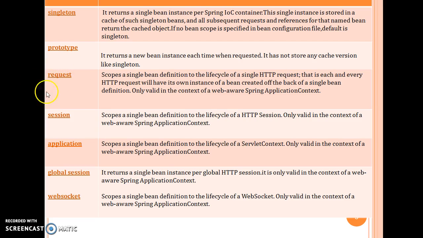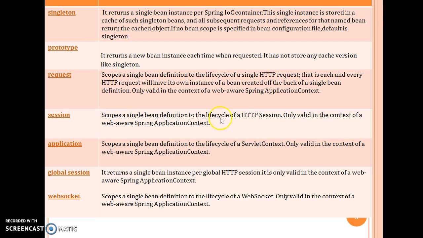This is very similar to when you create a project using the traditional J2EE fashion, where in a servlet you have request, session and application scopes. So if you save any data in the request scope, then as long as the request is being processed, that data would be stored. Once that request gets finished, whatever data you stored in the request scope will be unavailable for you.